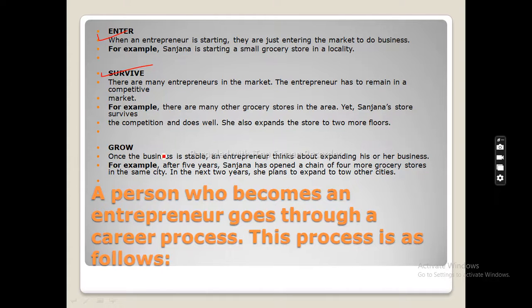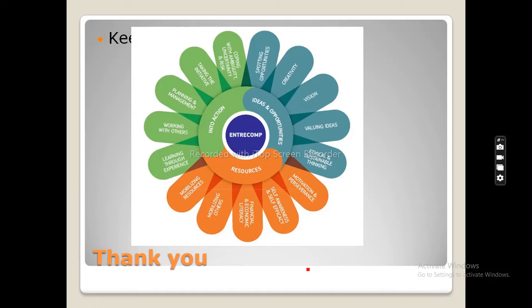So we have seen that Sanjana started a small grocery store, and after some time she added two more floors, and then she expanded the grocery stores to other cities. This is by her determination and willpower that she survived in the market. So these things are very important for an entrepreneur.